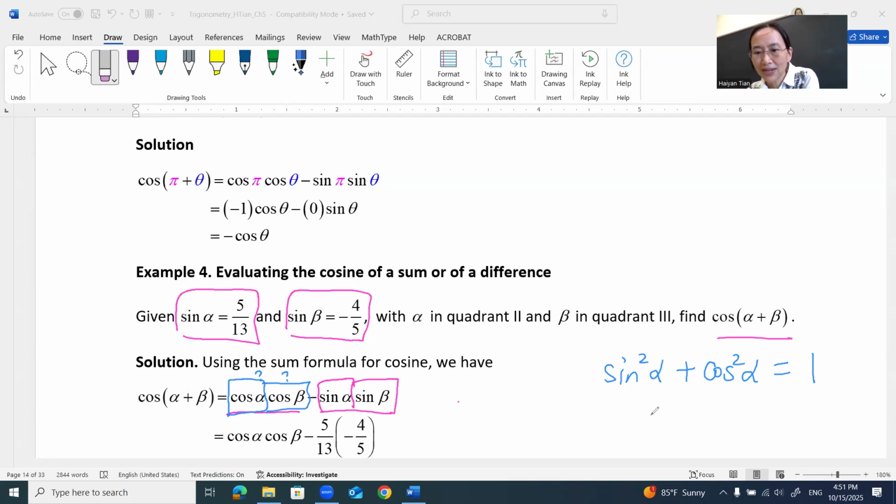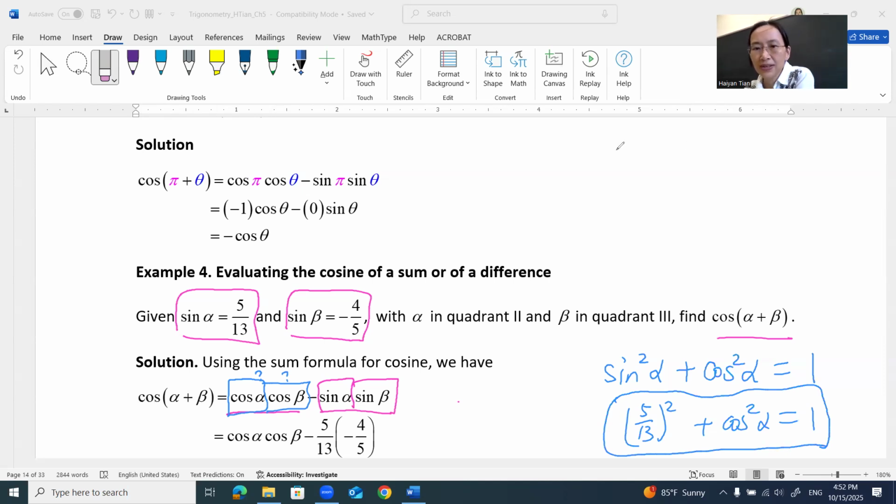So if we know sine, we can find cosine, or if we know cosine, we can find sine. So let's see. If sine alpha is 5/13, sine squared alpha plus cosine squared alpha is 1. Then what is cosine? Solve this equation and you will find cosine. So let's solve it.